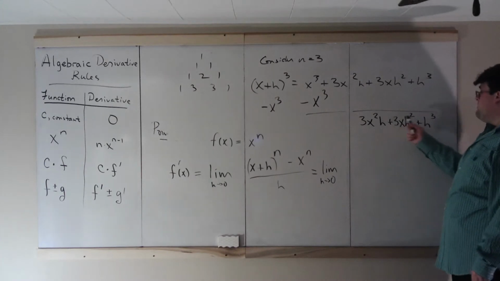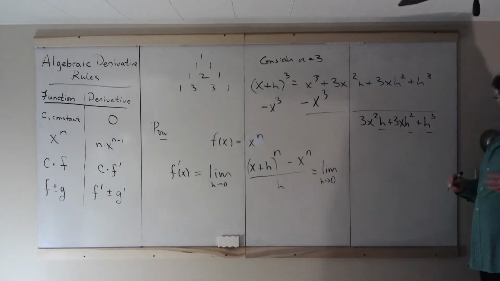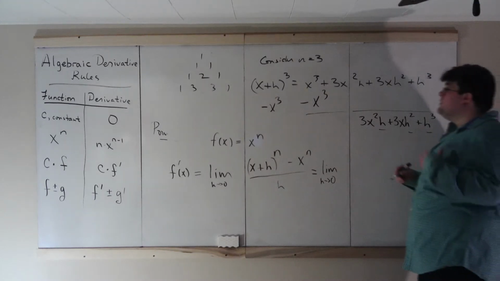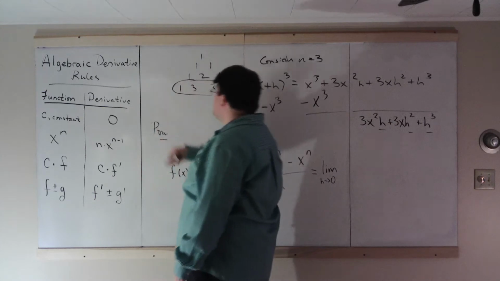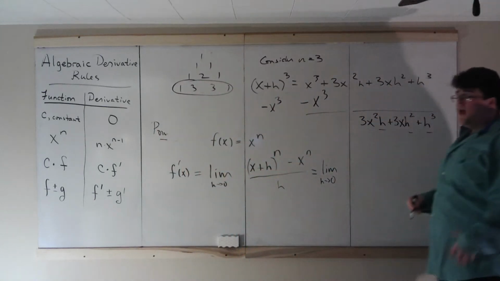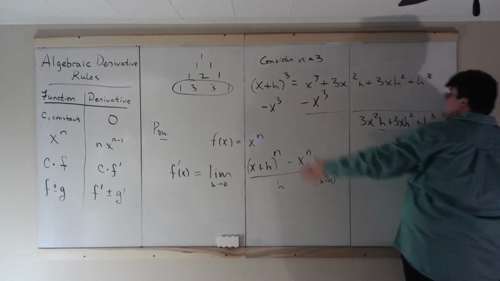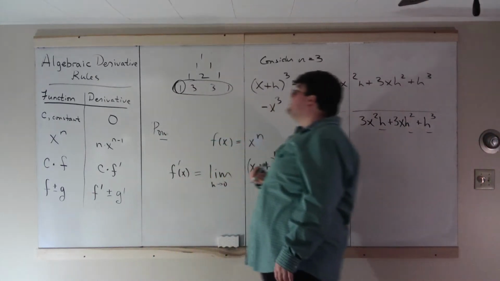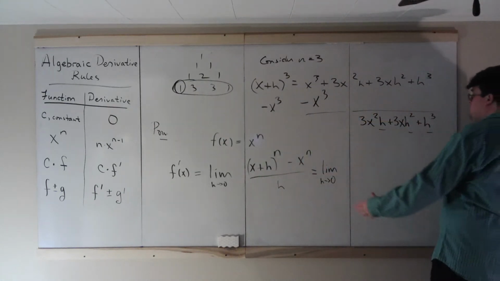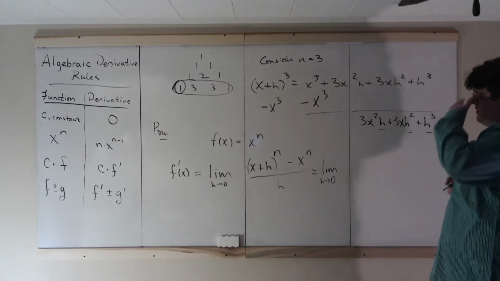Well, all of these terms have an h, and that is what is important. When you expand x plus h to the n, you'll always have this situation where everything has an h except the leading term. But that leading term would then be canceled down here.